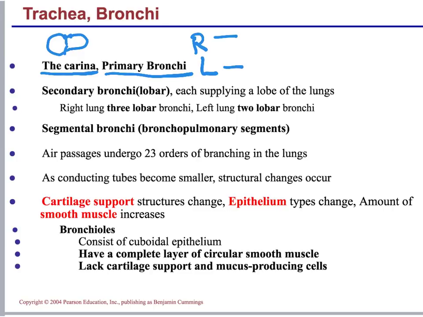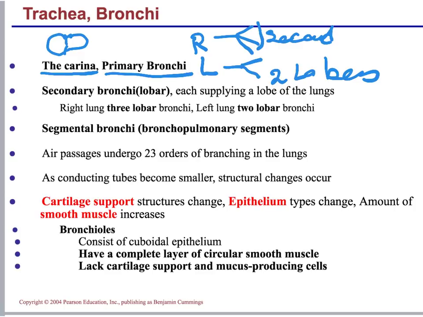From there, on the right and left sides, these primary bronchi split into even more branches. The right primary bronchus splits into 3, called the secondaries, so 3 secondaries on the right and 2 secondaries on the left. The reason for this is that the left lung has 2 lobes, and you guessed it, the right lung has 3 lobes.